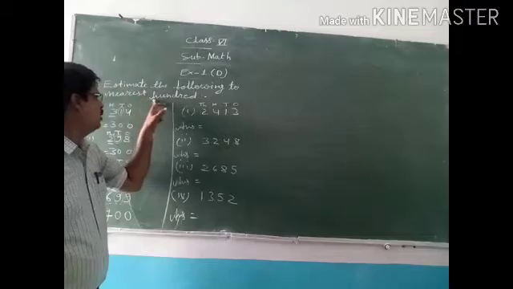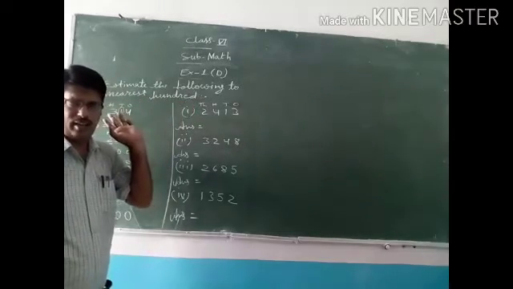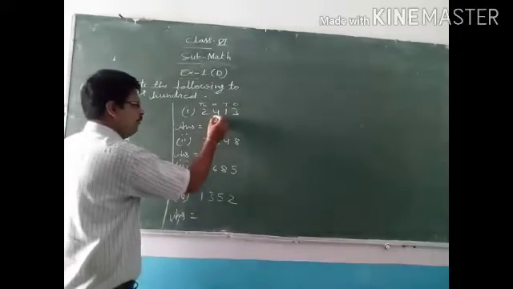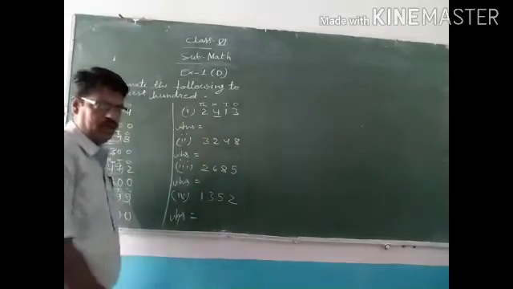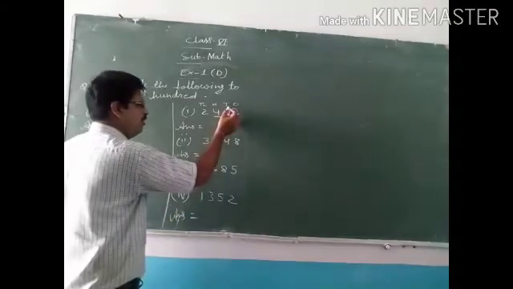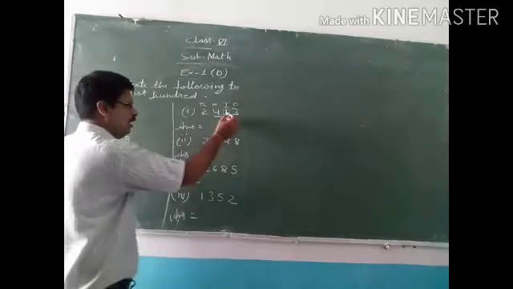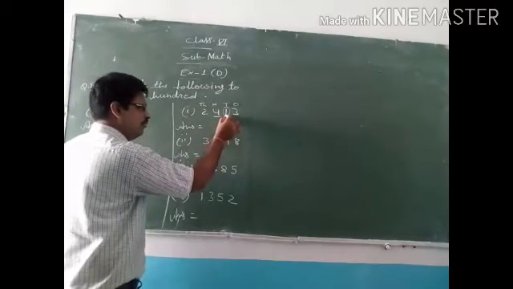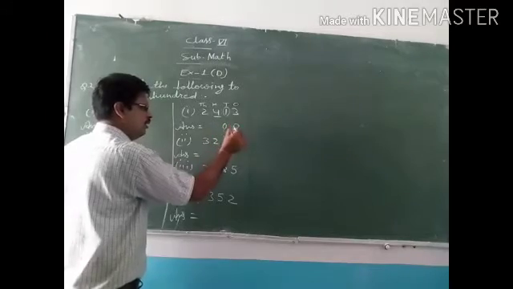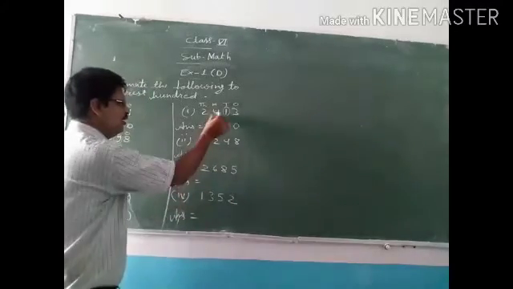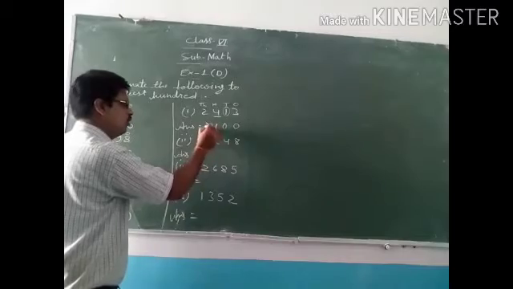But according to the question we have to do nearest 100. ठीक है, 100 place is this, इसे राउंड ऑफ करना है. So which digit will we observe? We will observe the tens place digit. So here is 1, meaning less than 5, 5 से छोटा है. It will become 0, it will also become 0, and these both will come the same as it is.